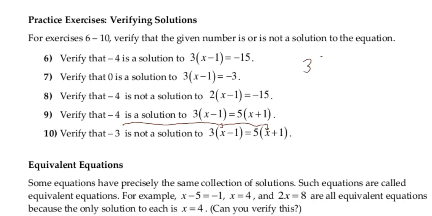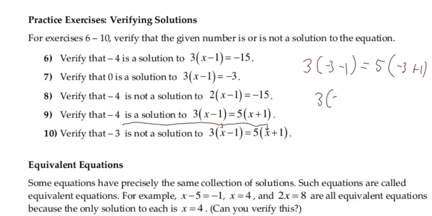So I'm going to have 3 times negative 3 minus 1 equals 5 times negative 3 plus 1. So negative 3 minus 1 is negative 4.